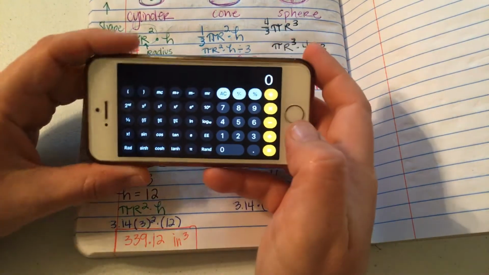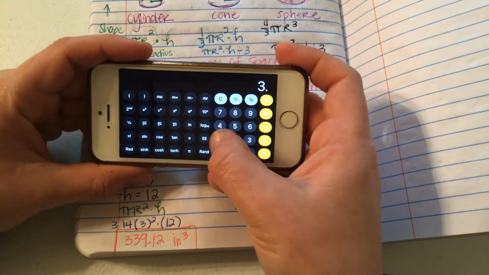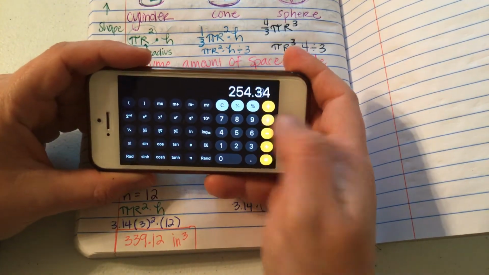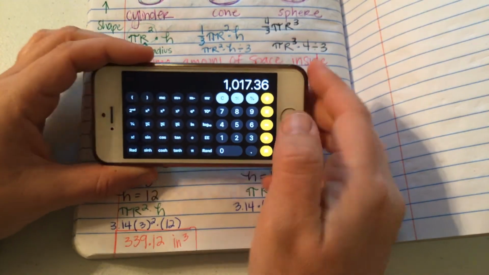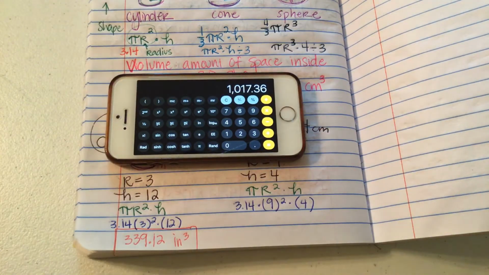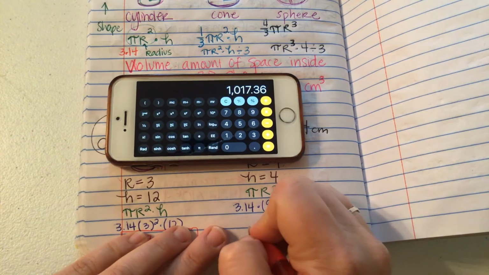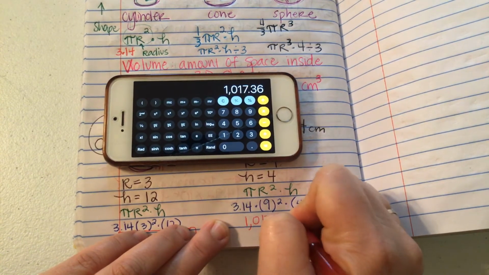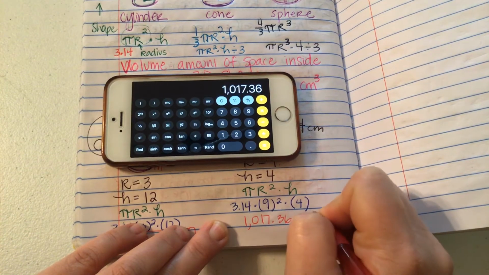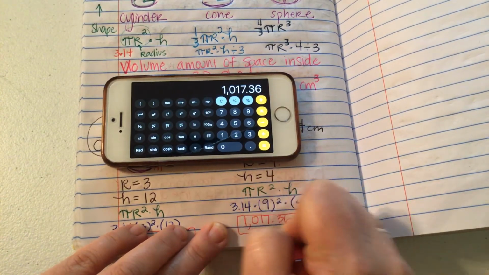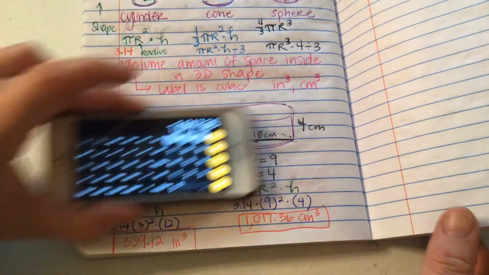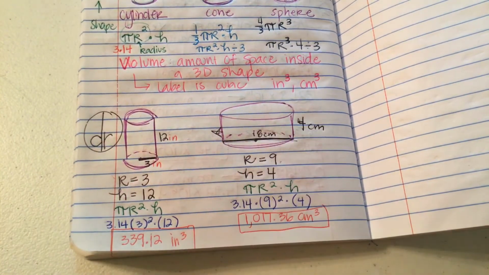Or if you have the squared button, you can do 3.14 times 9 squared times 4, and you will get the same answer, which is 1017.36 centimeters cubed in this problem. So that's how you use the formula for a cylinder.